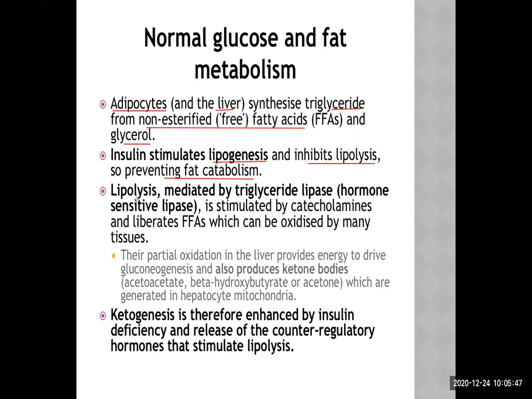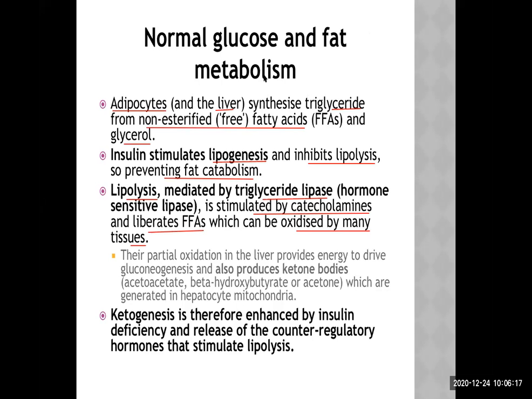Now, what is the mechanism here? Lipolysis is mainly mediated by triglyceride lipase, which is also known as hormone-sensitive lipase. It is stimulated by catecholamine, and after it is stimulated, it will break down the triglyceride and liberate free fatty acid. This free fatty acid can be oxidized by many tissues for the sake of energy production.